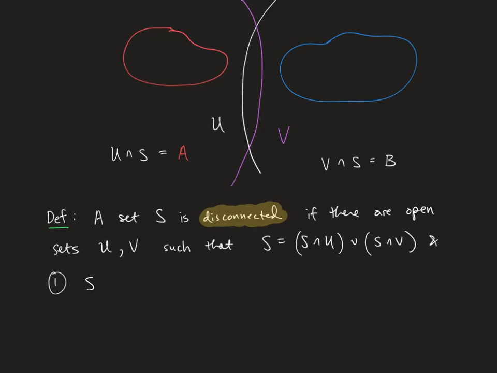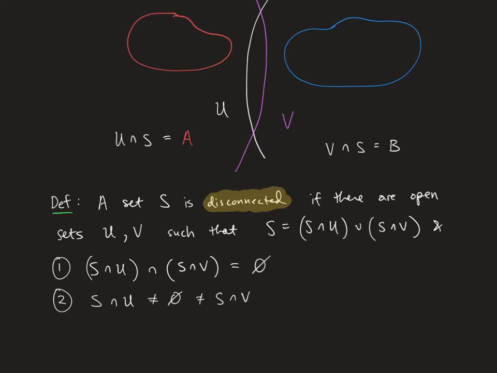So S intersect U intersect S intersect V is equal to the empty set, but neither of those things is the empty set. S intersect U itself is not the empty set, and S intersect V is not itself the empty set.